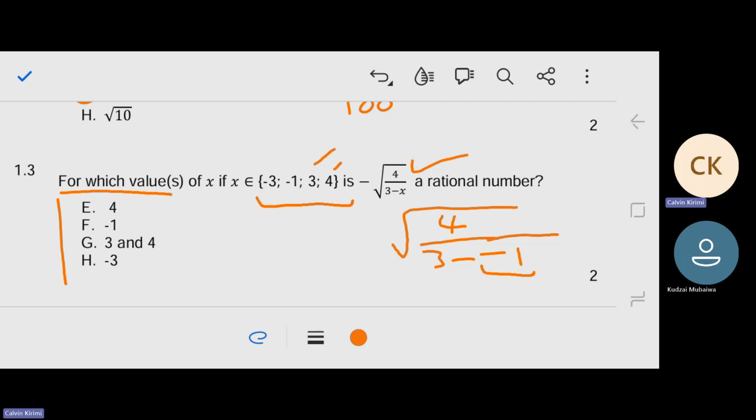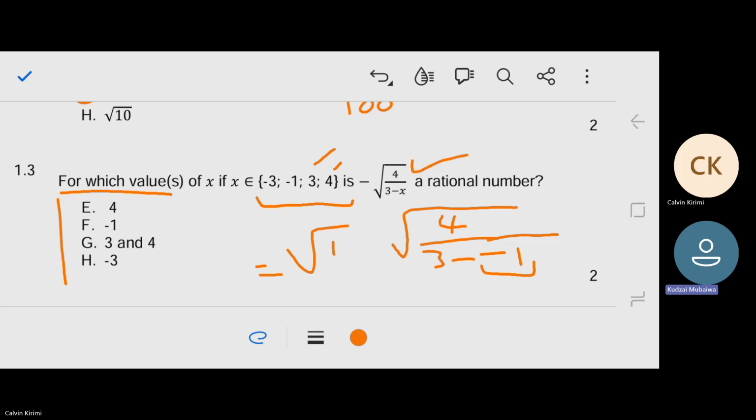Can you see that? Yes, sir. So once you get -1, what is the root of 4 divided by 4? 4 divided by 4 is 1. Is 1 not a rational number?